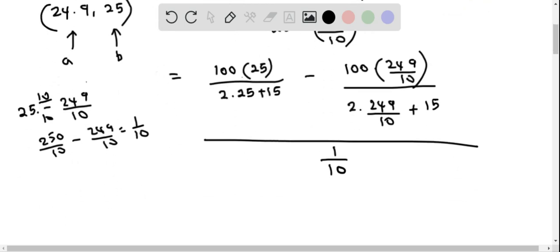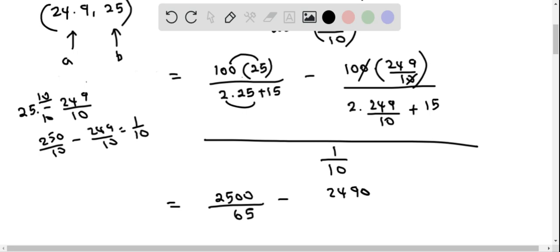Let's continue simplifying. So this equals 2500 over 50 plus 15, which is 65, minus, we can simplify this. I cancel one of the zeros. So it's basically 10 times 249, which is 2490.